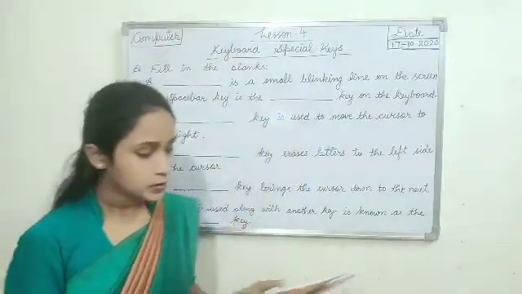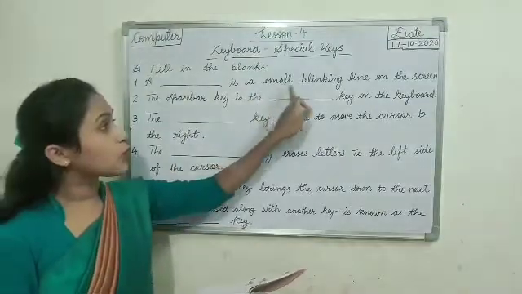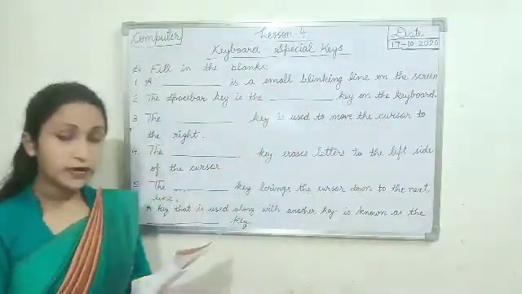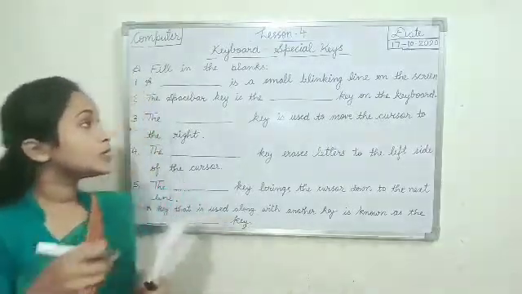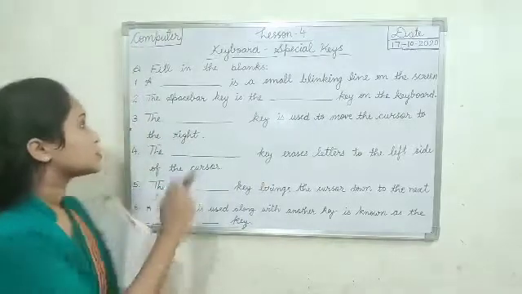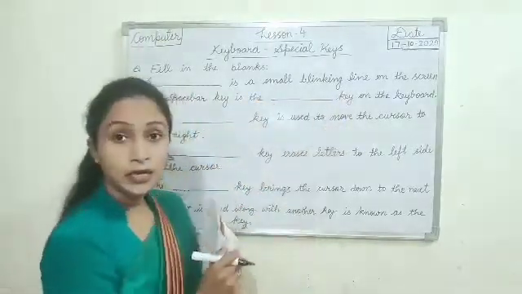Clear? So A, first one, A dash is a small blinking line on the screen. Many times when I was teaching you, I told you the small blinking line is called cursor. So a cursor is a small blinking line on the screen.